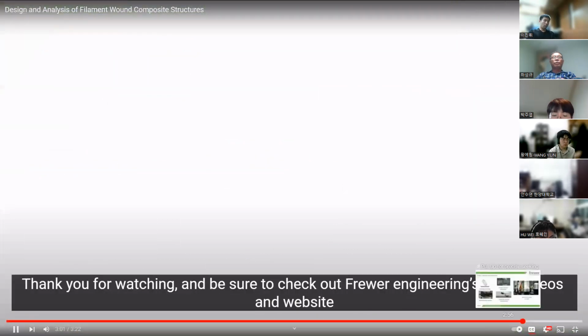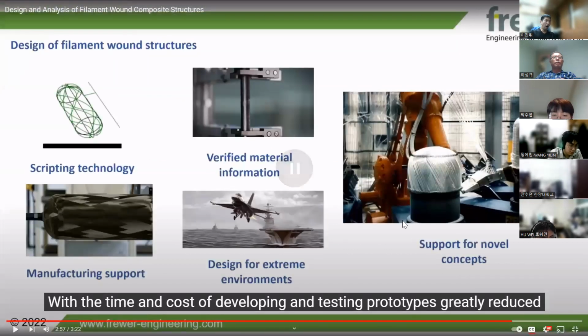Here, we can see that in the design of any structure using any material, we have a step. We have to understand the material behavior, like the tension or the compression or any material behavior.